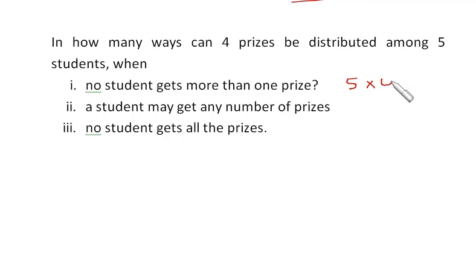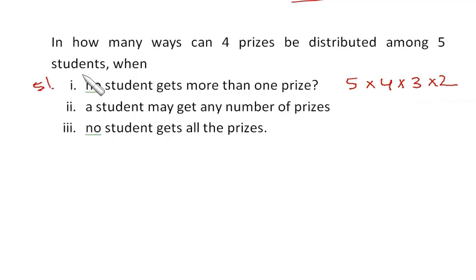Similarly for the third prize we have 3 choices, because we cannot give it to the first two persons. Then for the fourth prize we have 2 choices. So it's 5 into 4 into 3 into 2, right?